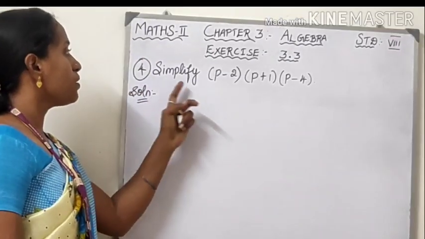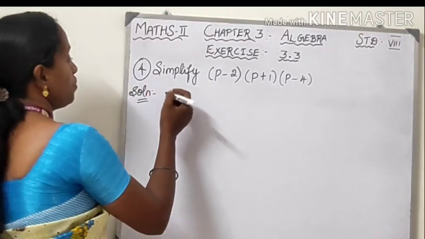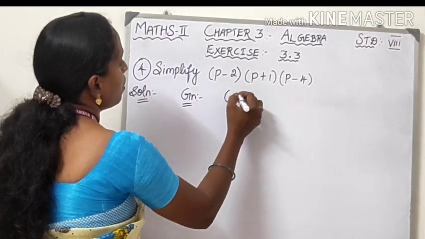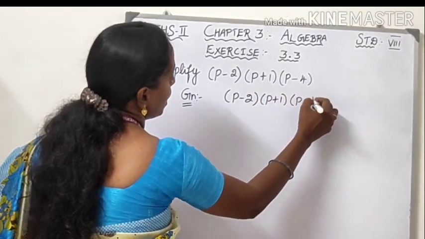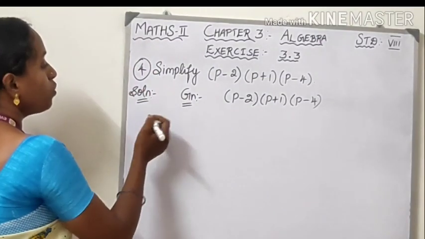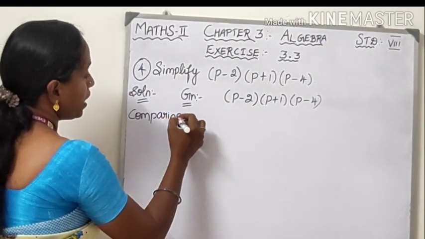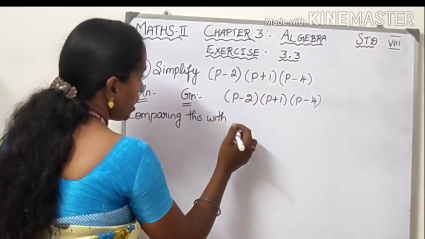The fourth sum, simplify p minus 2, p plus 1 and p minus 4. So first write the given question. So what is our given? P minus 2, p plus 1, then p minus 4. Now we are going to compare this. So we are comparing this with what identity?